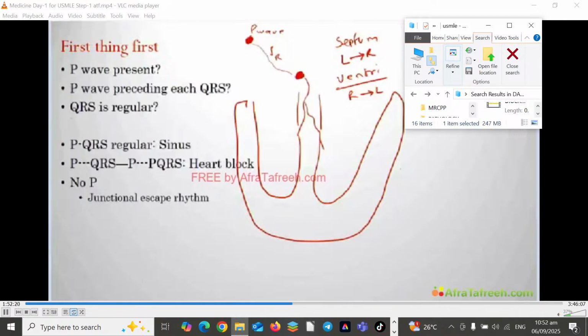It requires more current and it requires more time. So the magnitude is more and the time required is more. So the vector moves from right to the left side. Is this clear? Okay.